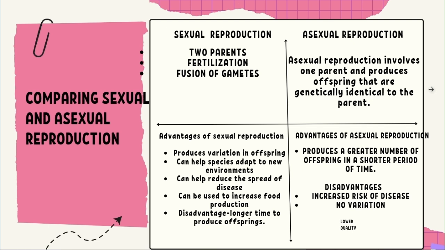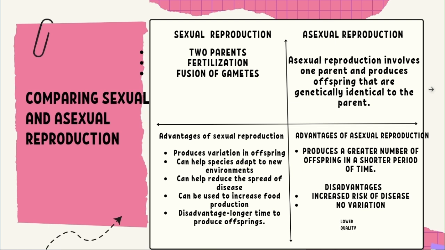So in sexual reproduction, they produce offspring that have variation. And you might say, why does it even matter if there is variation or not? You probably wonder. But variation is very important for a species to survive, because variation helps.